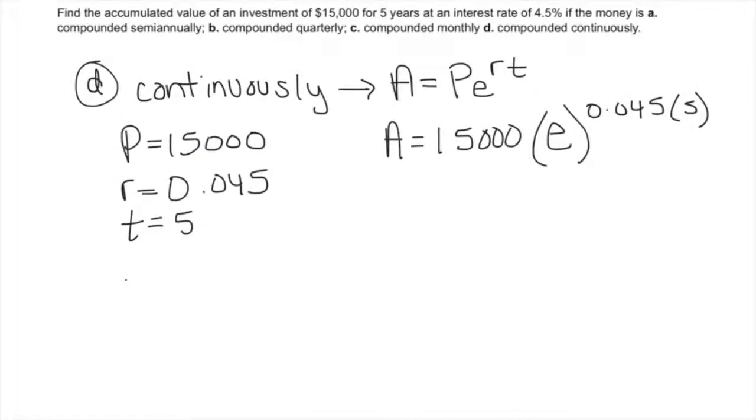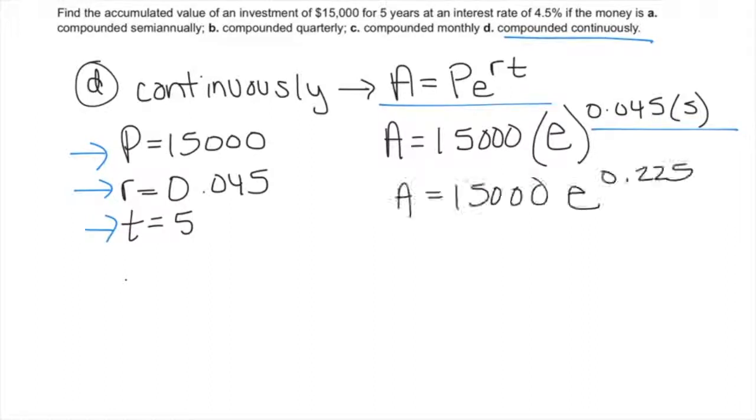Part D asks us to do this compounded continuously. Whenever we're asked to compound continuously, we use A equals P times e to the rt formula. So the variables stay the same, and we're just going to plug them into that formula. The first step is to multiply the exponents together.